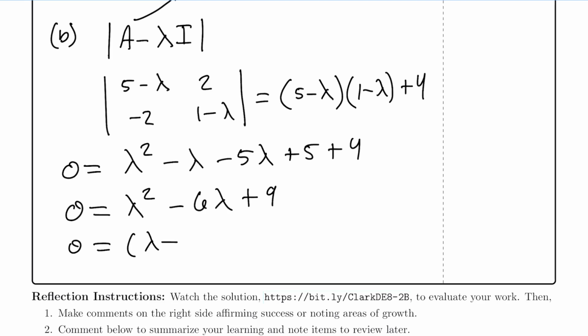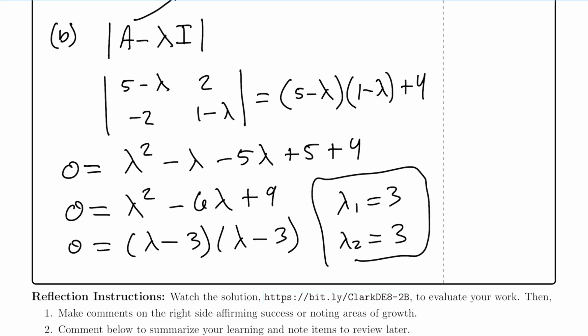And I can factor that into lambda minus 3, lambda minus 3. So lambda 1 is equal to 3 and lambda 2 is equal to 3. We have a double root in our system.